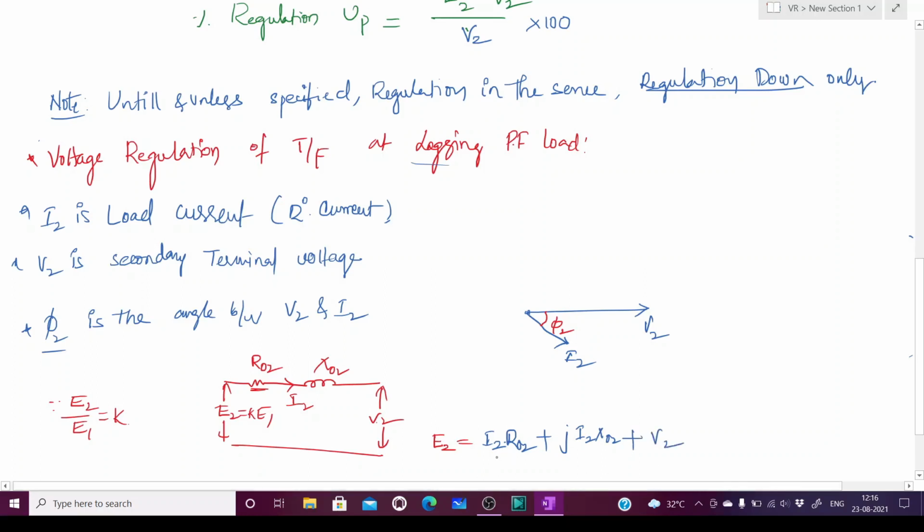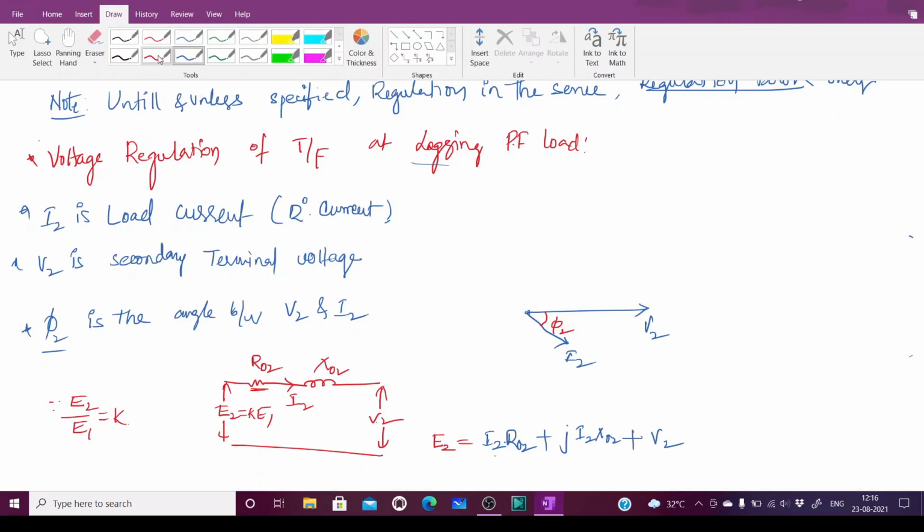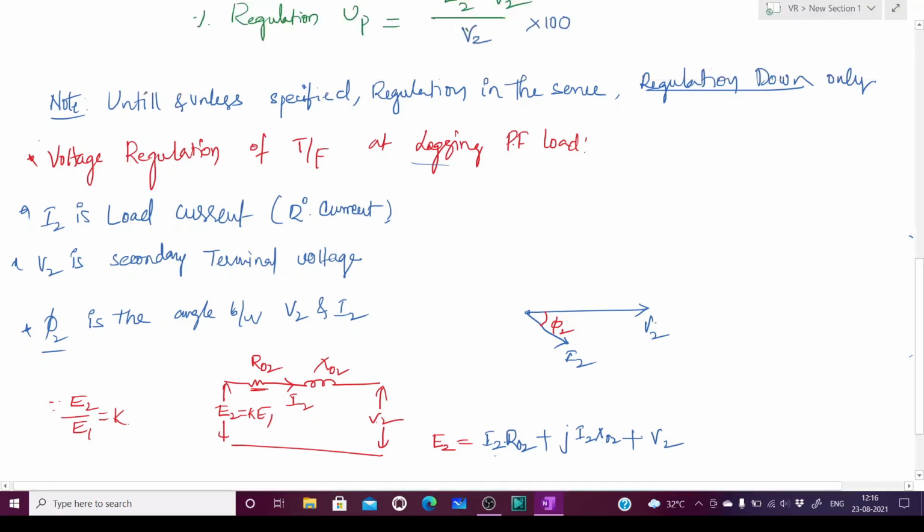Here we have the I2 R02 component, which will be in phase with I2, so I2 R02 will be parallel to I2. So this is the I2 R02 vector. Then we have I2 X02, which will have 90 degrees phase displacement from I2 R02.